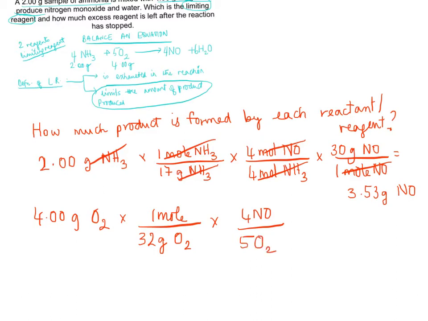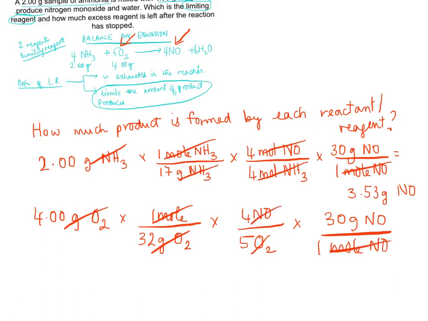So look at the equation, 4 NO, 5 O2. O2 gets cancelled, grams gets cancelled, and now we need to use the molar mass of NO, 30 grams, 1 mole. Mole gets cancelled, and you get an answer of 3 grams of NO.